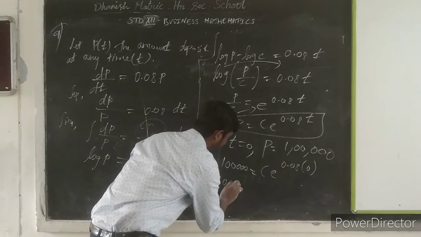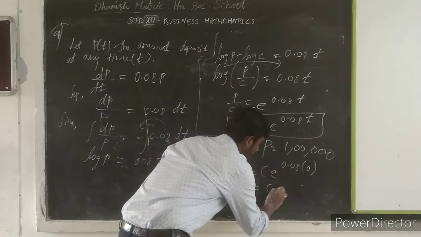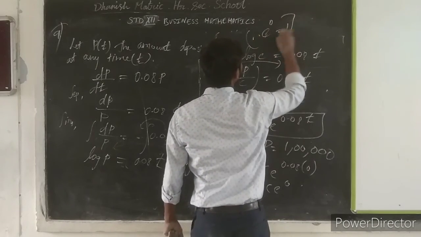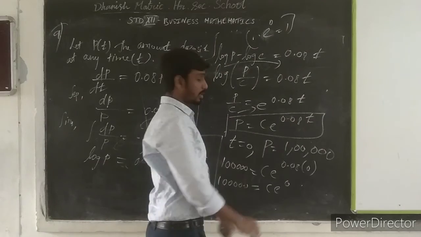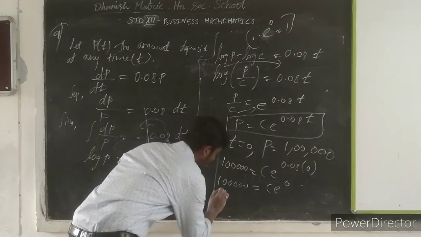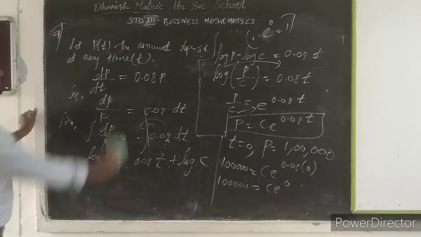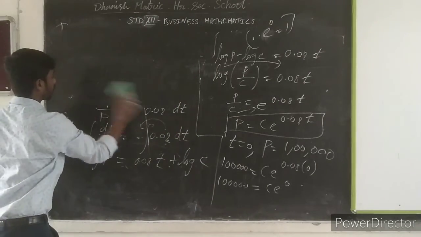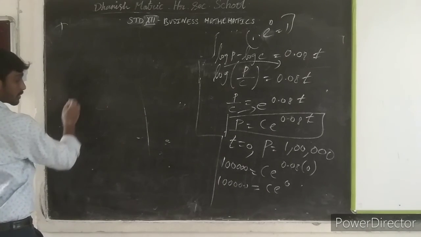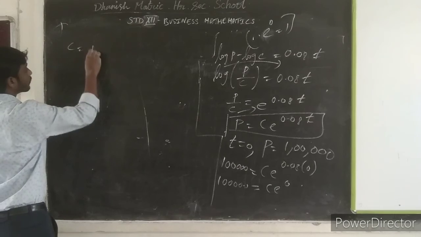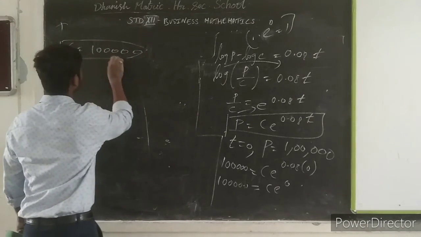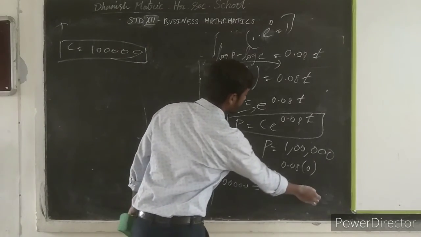That is 1 lakh equal to c e power of 0, and e power of 0 value is 1. So we are getting c equal to 1 lakh.